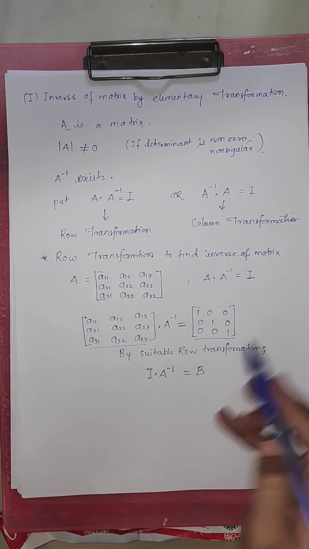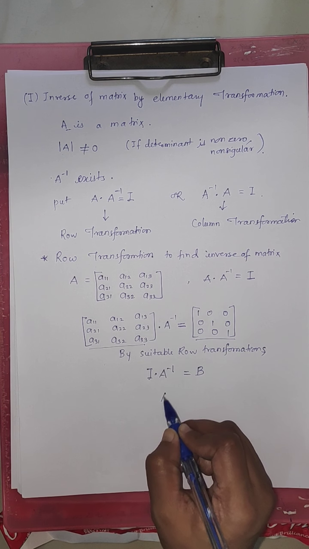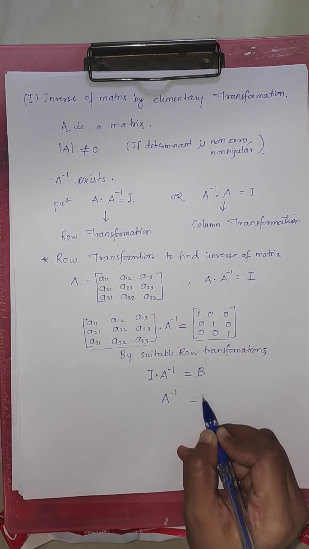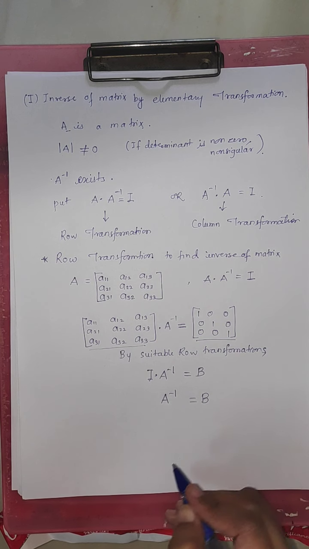That's why this matrix will also change from identity into something else. So A inverse is equal to B. So by this you can find A inverse.